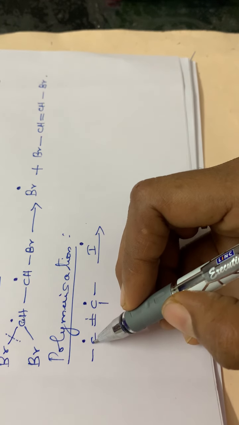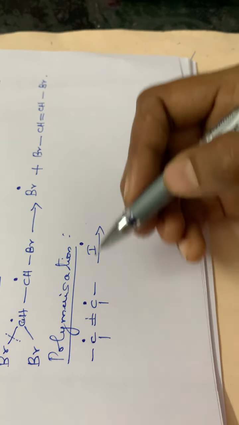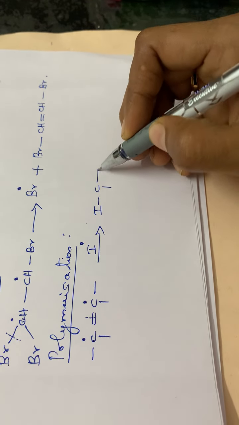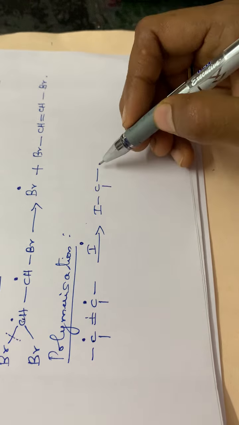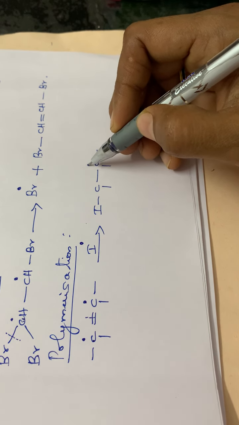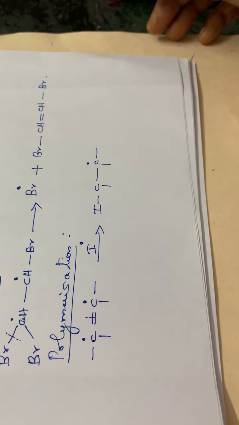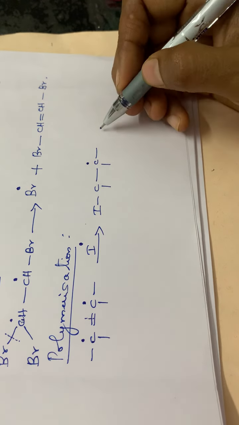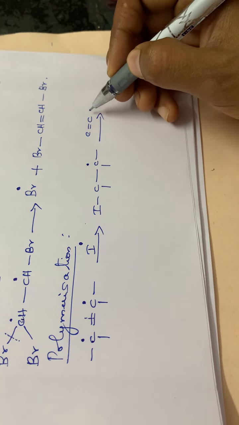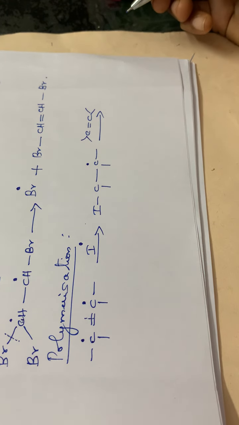Again, this I dot will be joining to this carbon atom. So I, single bond, C, single bond. This bond is already broken, so it is a single bond, C, and this carbon will be having one free radical.